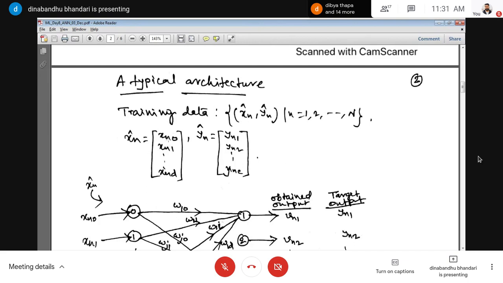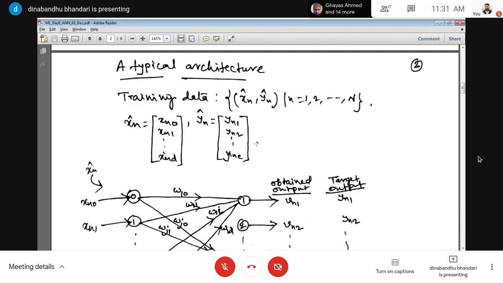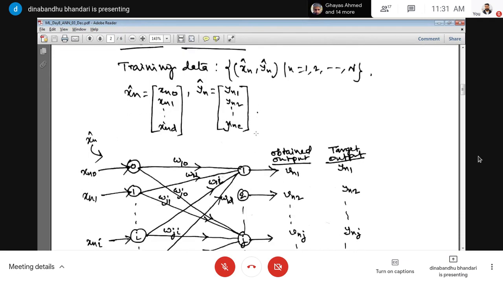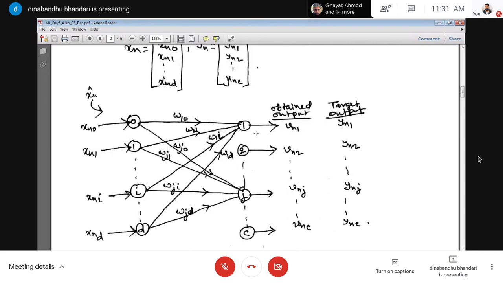Note that xn0 is the bias, and yn1, yn2, ync is the one-hot representation of the class, because yn is the label, which is categorical data. We quantified that and converted it into a C-dimensional vector. All are 0 except 1, in the class it belongs to. That part will be 1, otherwise it will be 0. A very simple one.